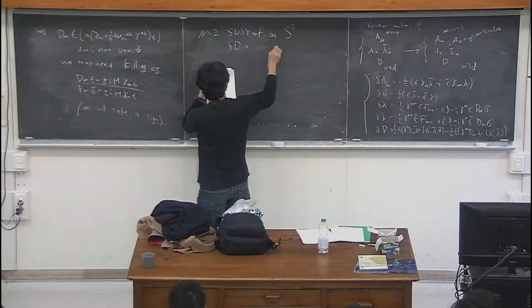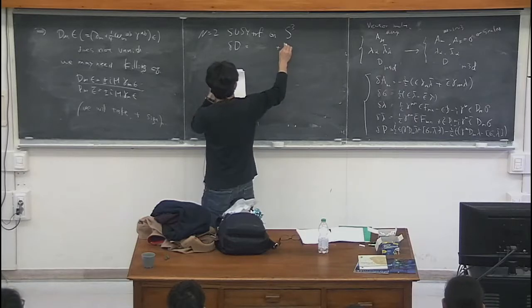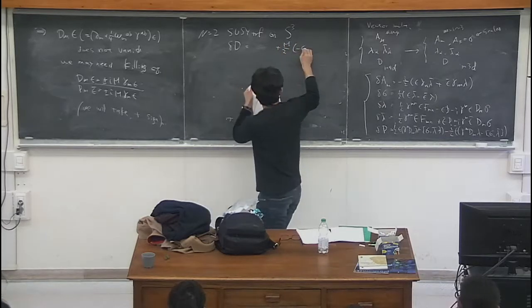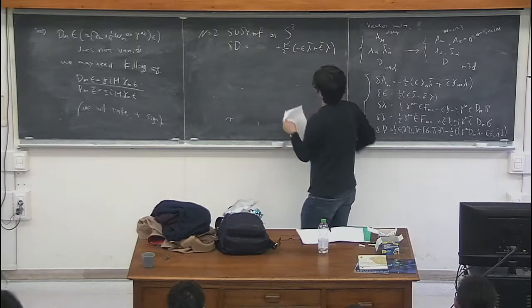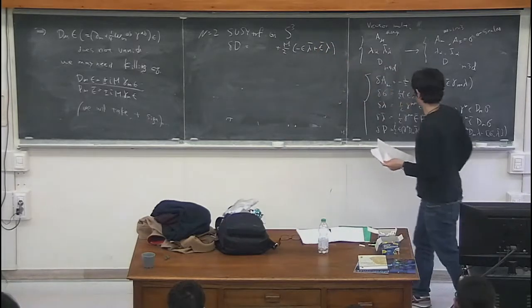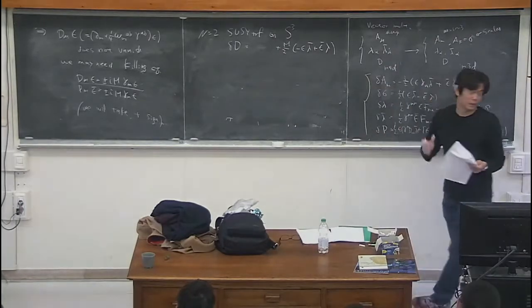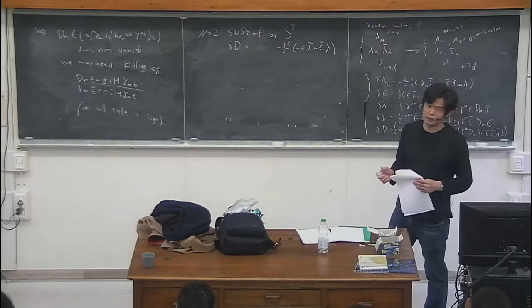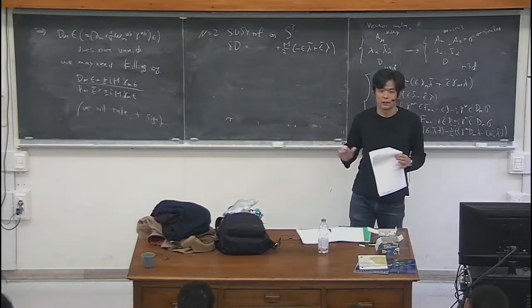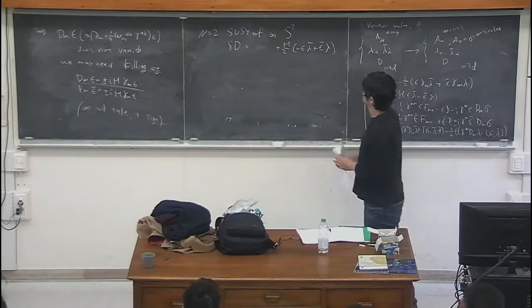The only change is this one. If we add this term to the delta D, which is order m, then we will see this supersymmetry transformation satisfies the supersymmetry algebra. The extra terms cancel, so just this works.